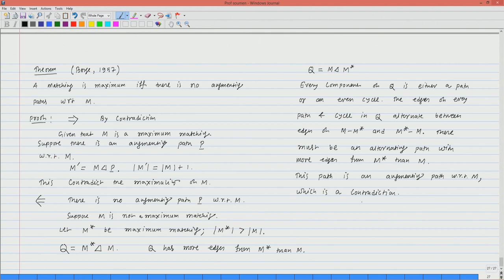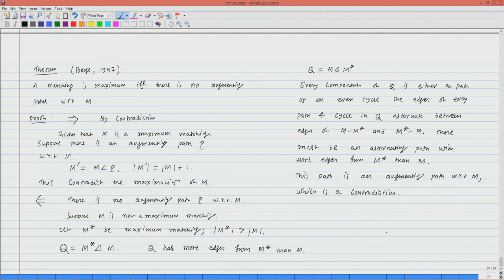Then finally we came to the point which says that there is an augmenting path with respect to M, which is a contradiction to the first consideration that there is no augmenting path P with respect to M. So, that is the end of this proof.